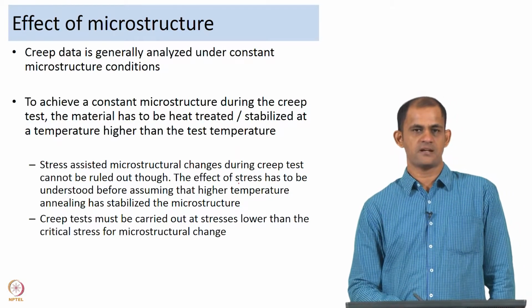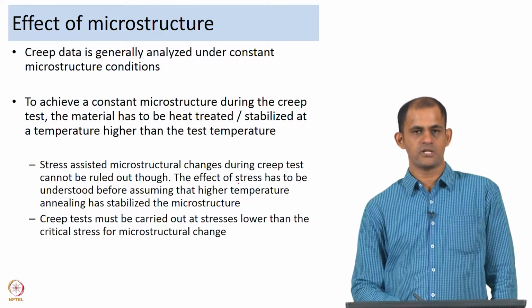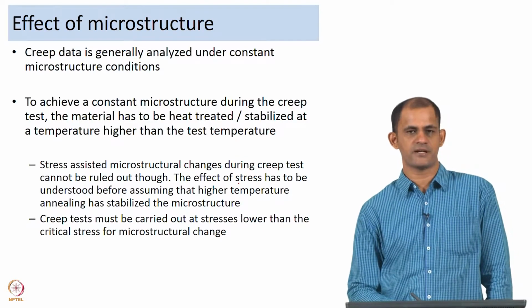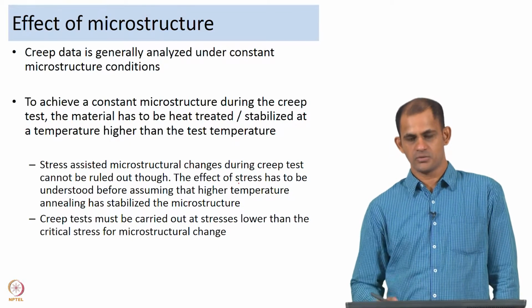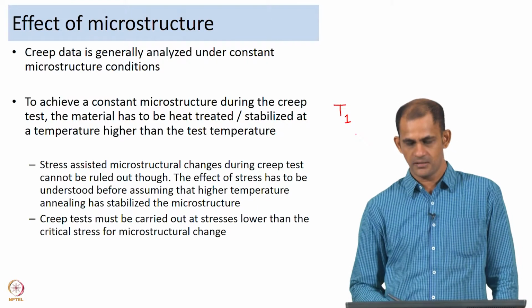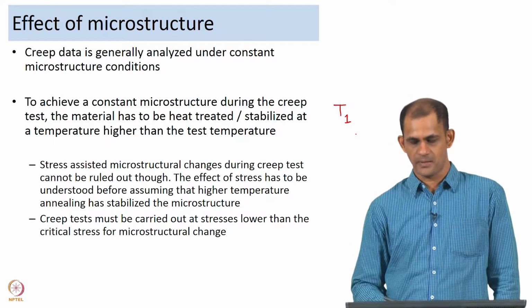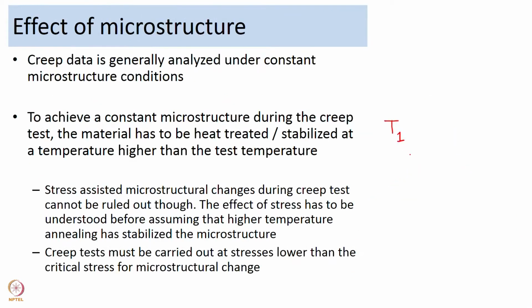So, creep data is generally analyzed under constant microstructure conditions, and to achieve a constant microstructure during the creep test, the material has to be heat treated or stabilized at a temperature higher than the test temperature. Say if you are planning to do a creep test at a temperature T 1, then for the microstructure to stay stable during the course of the creep test, the material should have been heat treated or annealed at a temperature T 2, where T 2 is greater than T 1.